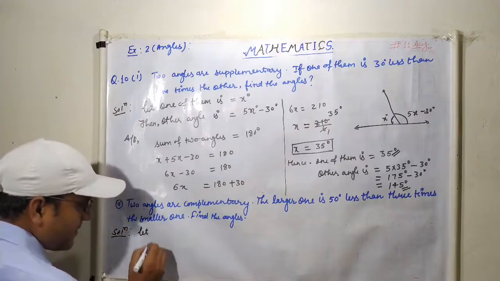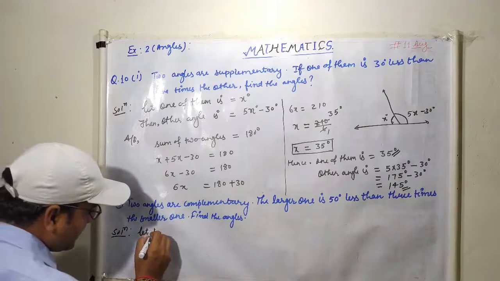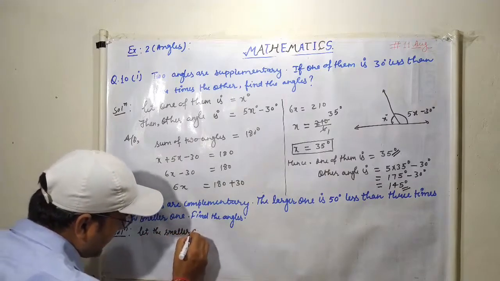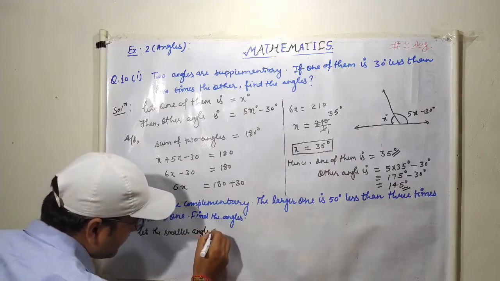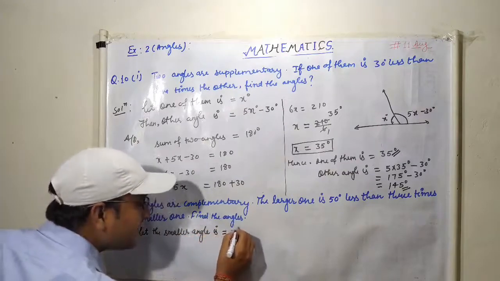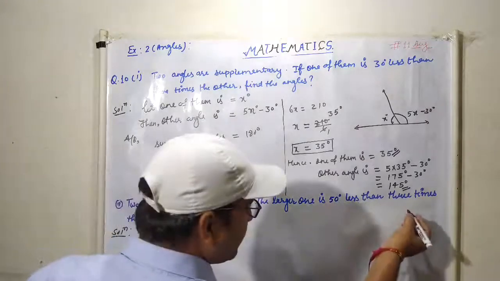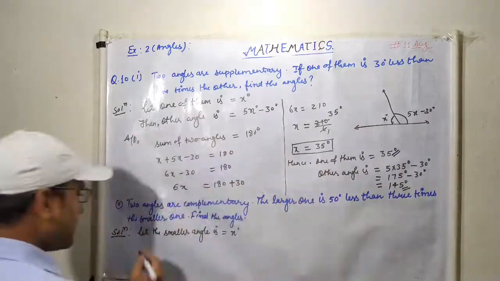Let the smaller angle be x degree. The larger one is 50 less than 3 times the smaller one.